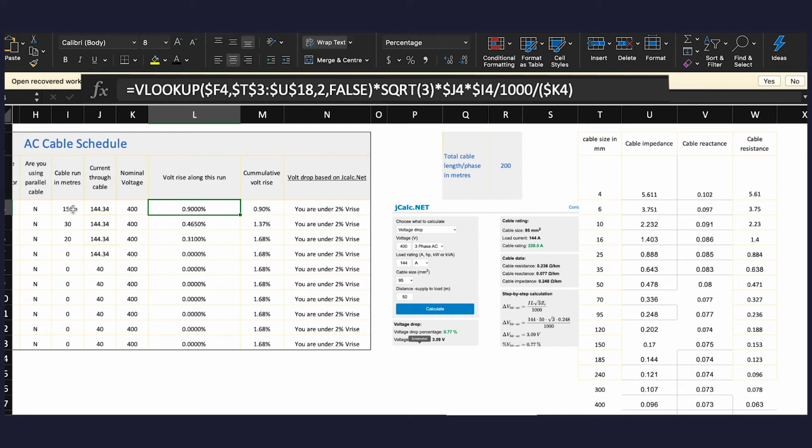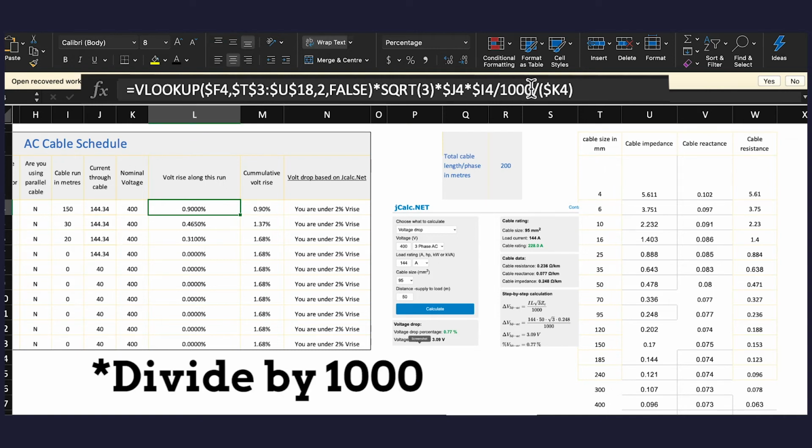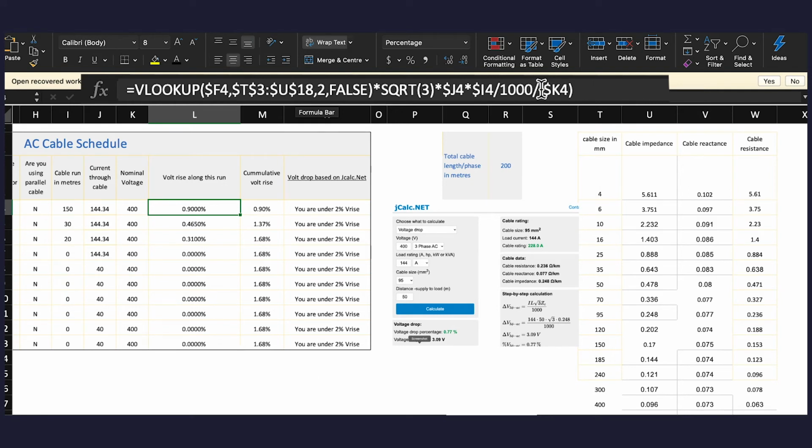Now, unlike the DC volt drop calculation, you don't multiply by 2 because in three-phase, you're talking about per phase, right? So you're looking at the cable run in meters, then you're multiplying that by 1,000, of course, because cable impedance and resistance is per kilometre. And then to get the percentage, you're dividing back into the nominal voltage.